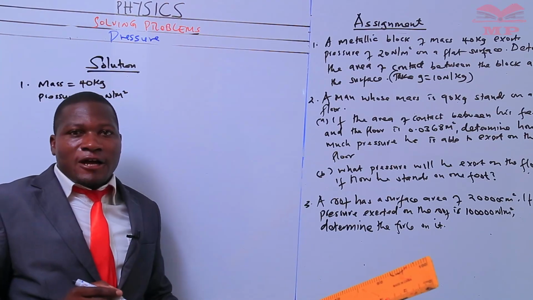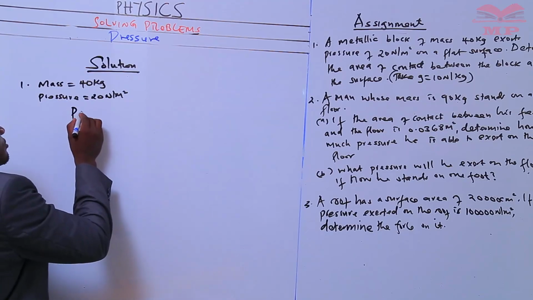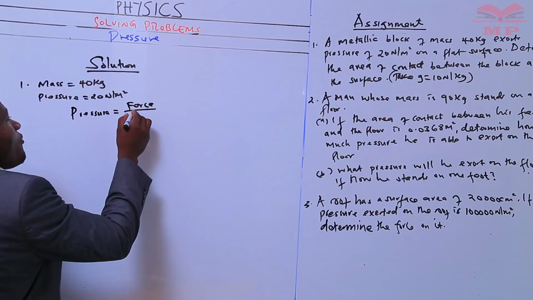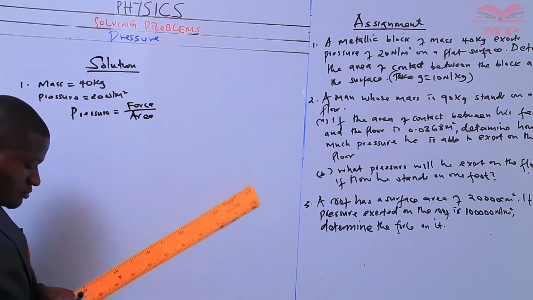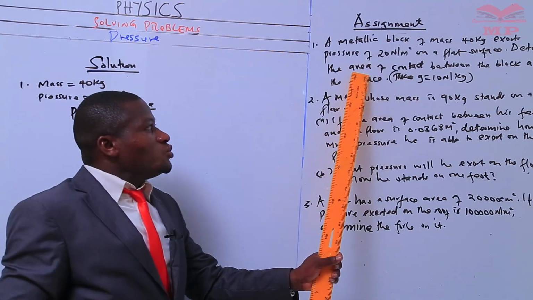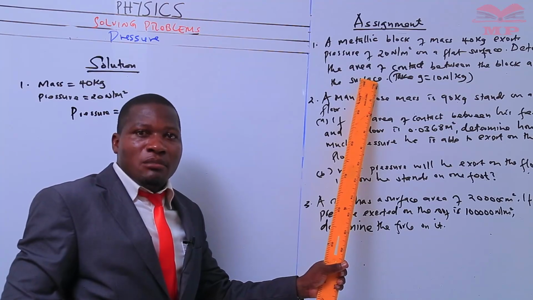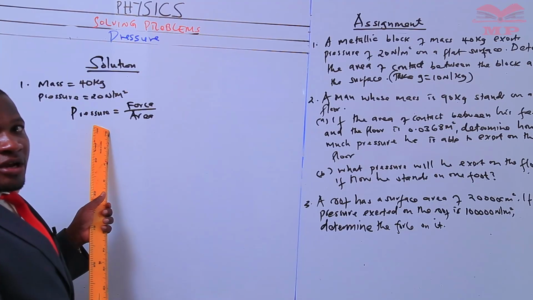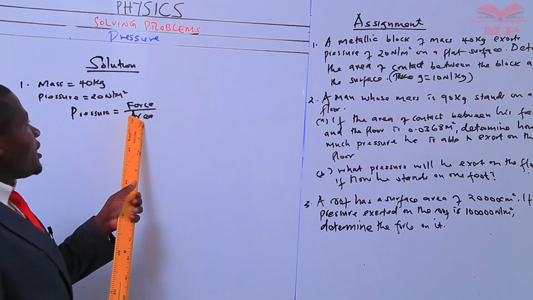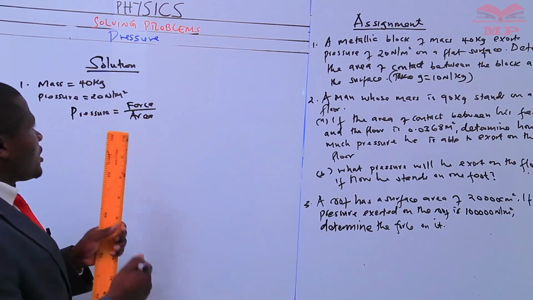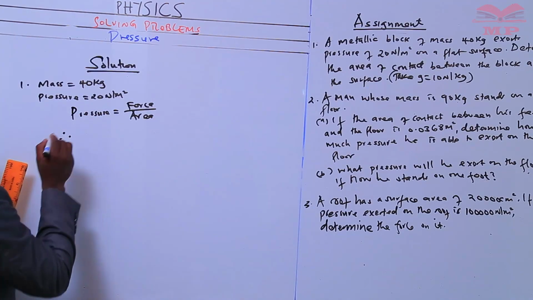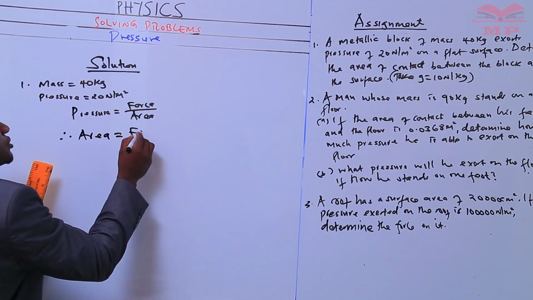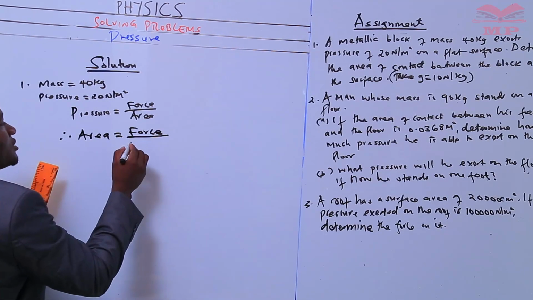And we know that pressure is given by force over area. We are being asked to determine the area, meaning that we are going to use this formula to make area the subject of the formula by multiplying both sides by area and dividing both sides by pressure. This simply means that if I want to get area, I just take force, then I divide it by pressure.